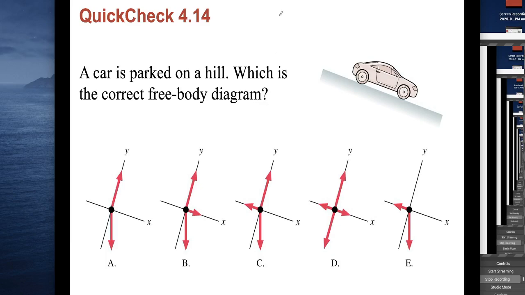So now let's do it together. How many forces are here on the car? The first force is always the weight. Is there any other force? Yes, there is a normal force, which is perpendicular to the direction of the ramp. Let's say it's perpendicular, 90 degrees here. Normal force. Is there any other force?